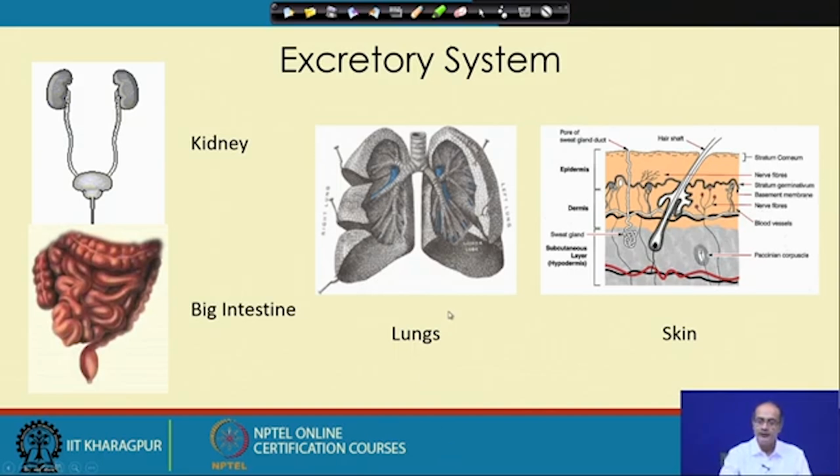First of them is carbon dioxide. We told that the lungs are responsible for the exchange of carbon dioxide. Next, an important thing is the kidney. A lot of blood vessels are there in the kidney, and it acts as a filter.